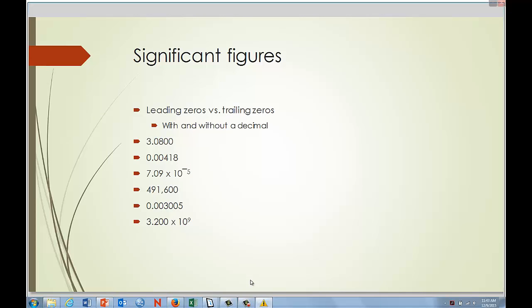Alright, so let's talk about significant figures. With significant figures, the thing that really confuses people are the decimals and the zeros. So I break it into leading zeros and trailing zeros, and it all depends on whether or not there is a decimal. The leading zeros never count, whether it's with a decimal or not.